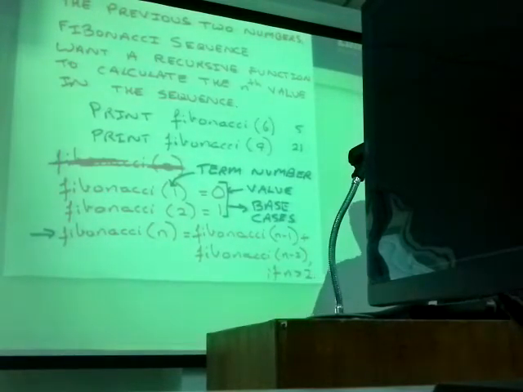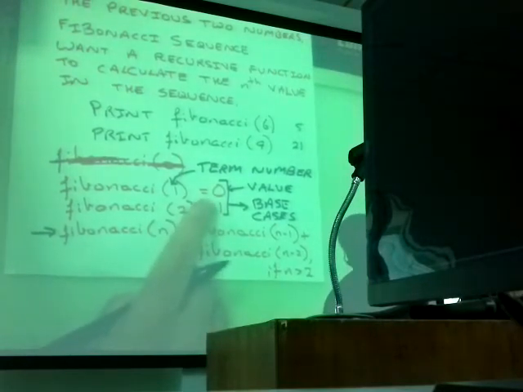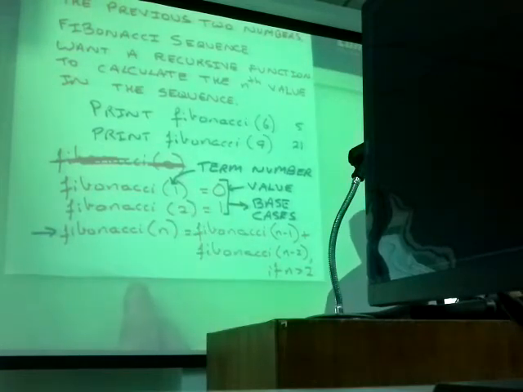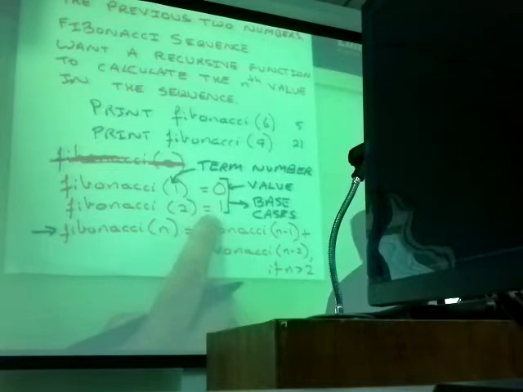So we know the answer in those two cases. If 1 is the argument, we know the answer is 0. We do not need to calculate anything. If 2 is the argument, we know the answer is 1.